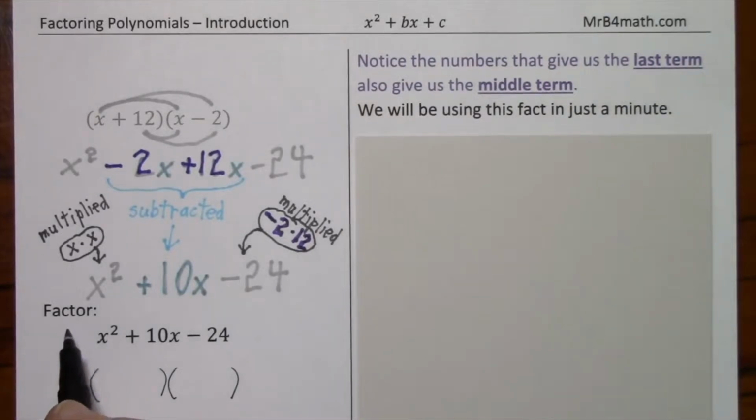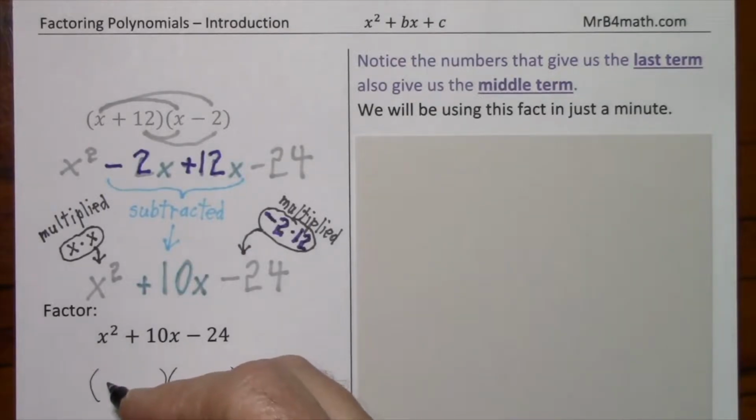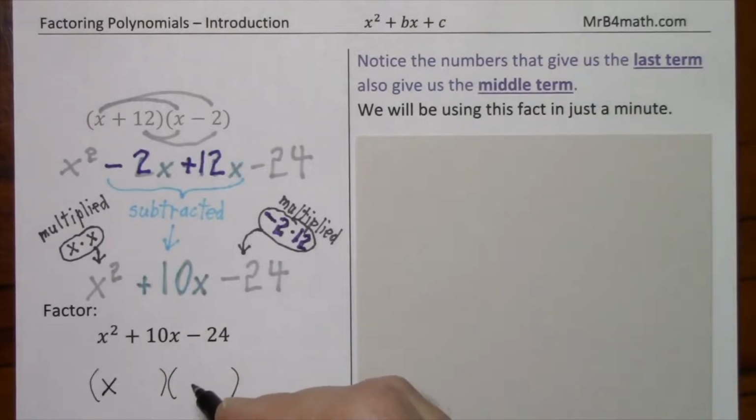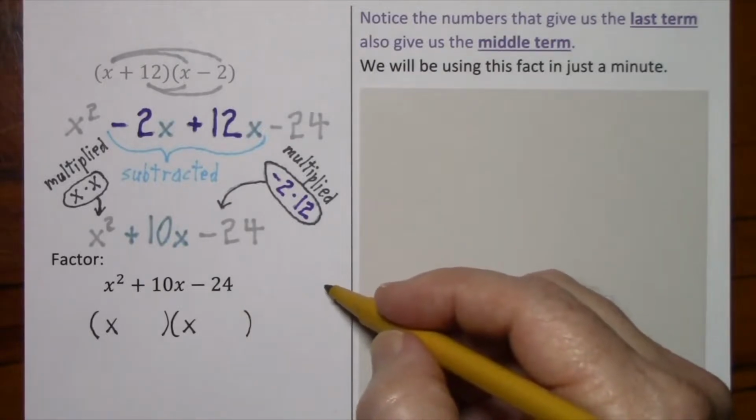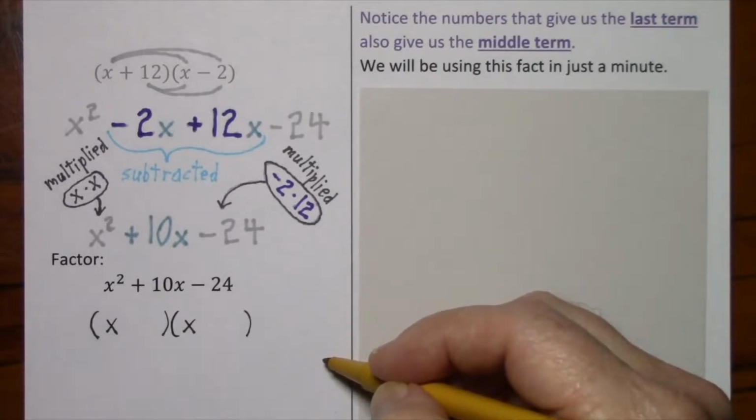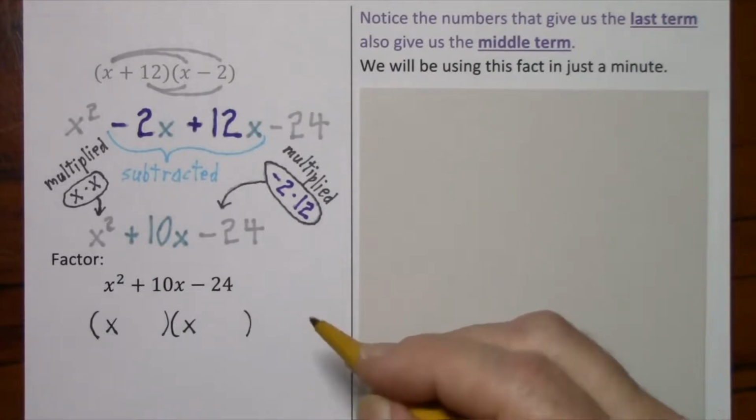Returning to our problem, where we're supposed to factor this trinomial, we can take care of the first term pretty quickly. We multiplied to get x squared, so if we write x times x, we'll get our x squared. To get the last term, since it comes from multiplying, if we list the factor pairs of 24, we'll have all the possible ways to get there.